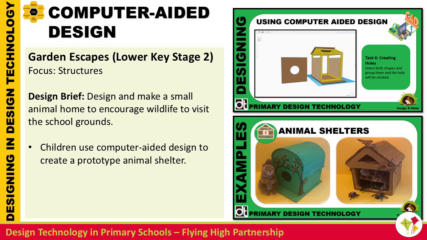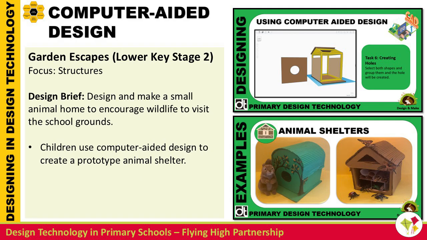In Key Stage 1, children may have used computer software to create and modify their design ideas. Children can also be introduced to using 3D drawing software such as Tinkercad or SketchUp. Both programs require the children to create and manipulate 3D shapes to create their designs.